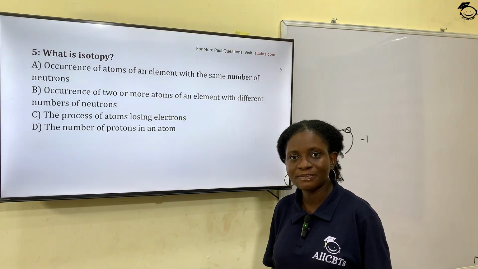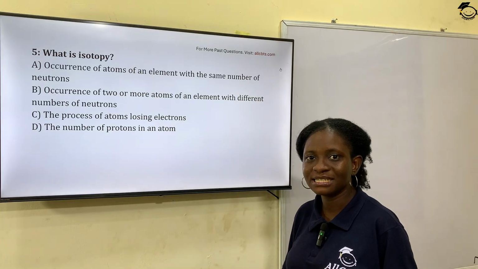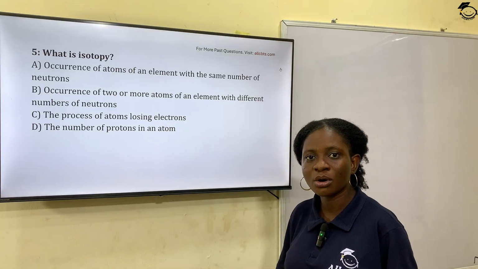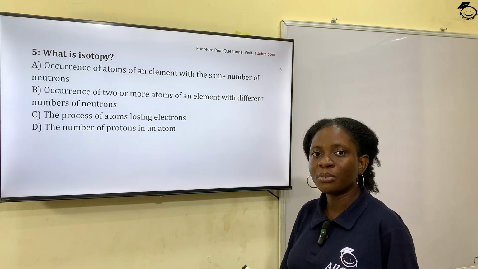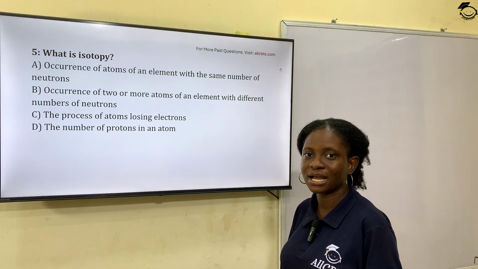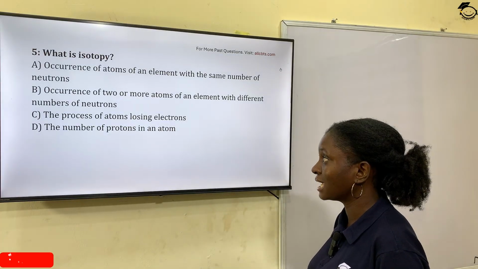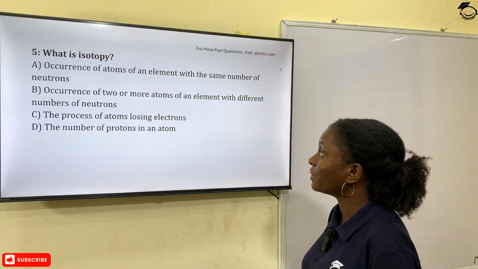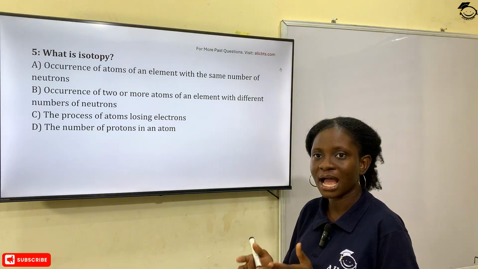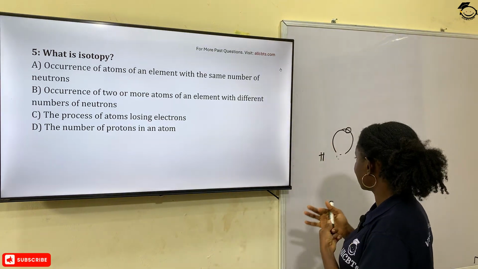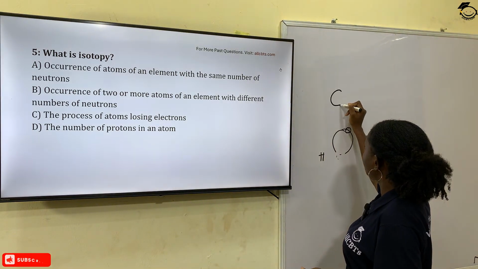So like I explained earlier, isotopes of an element have the same number of protons but different numbers of neutrons, different mass numbers. So the correct answer is option B, occurrence of 2 or more atoms of an element like carbon.